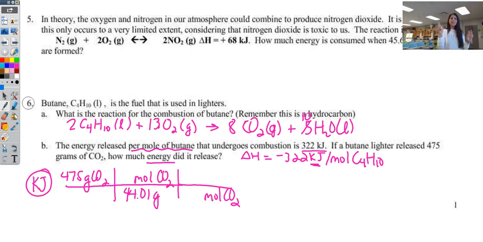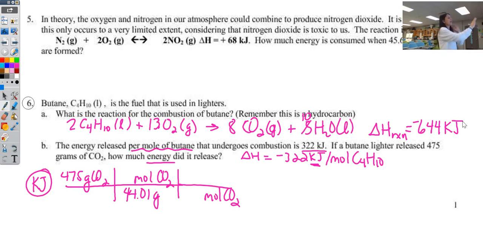So there are actually 2 ways that you can go about this. One way is if I look at this reaction, I can say that the delta H for this reaction as it's written is double the negative 322, which means it's a negative 644 kilojoules. Now, I'm not going to say per mole because it's not really for a mole of anything. It's for 2 moles.